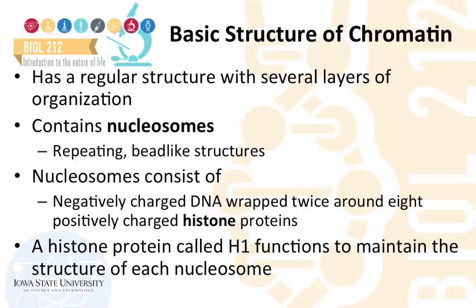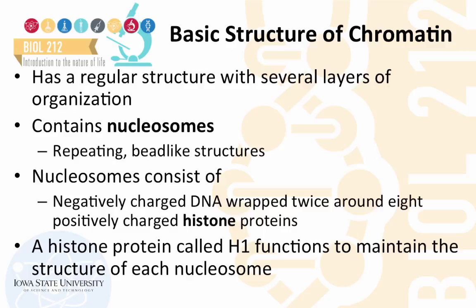Chromatin has a regular structure with several layers of organization. This organization is required to pack the extremely large DNA molecule, which consists of approximately 3 billion base pairs, into the tiny space inside the nucleus.